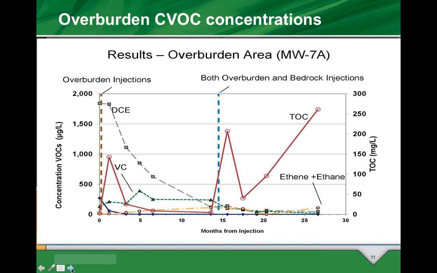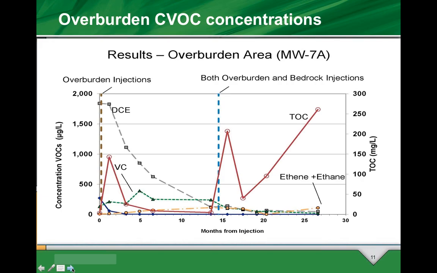If you recall, monitor well 7A was in the plan view slide I indicated was in that source area. And so you can see the timing of our injections. And then these particular slides have our VOCs in micrograms per liter as opposed to moles of ethene. We have the data both ways in both presentations.